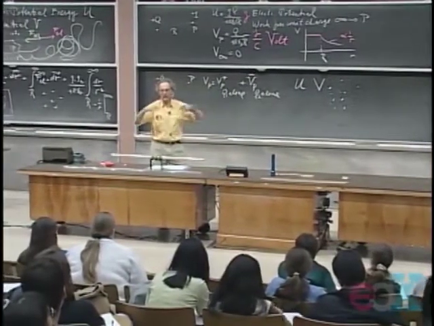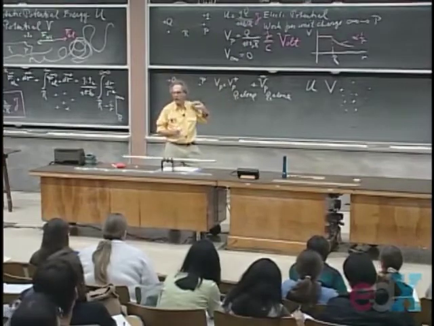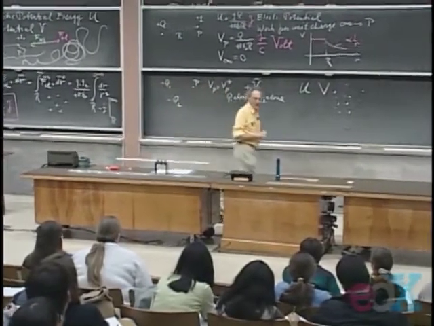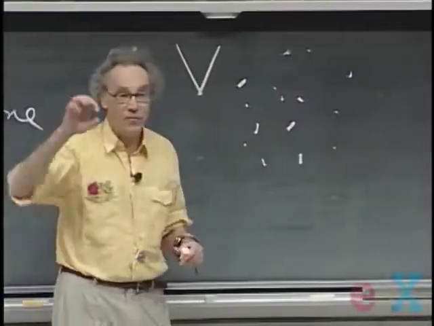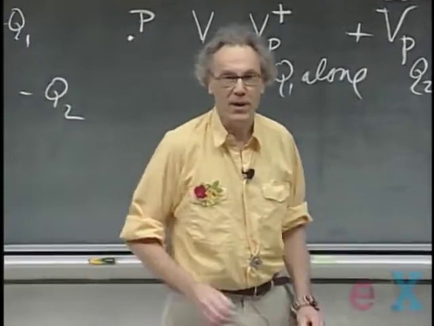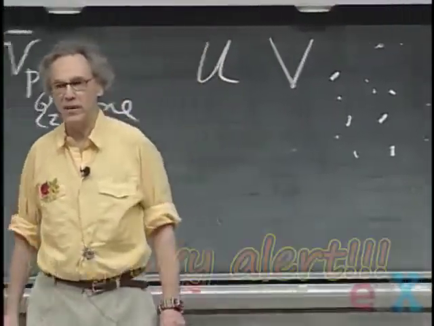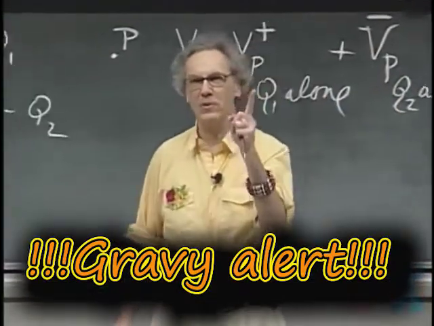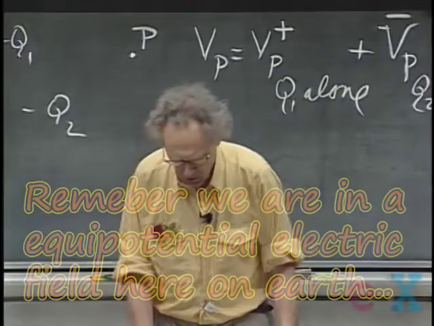It is the work that I have to do to put all these crazy charges exactly where they are. But the electric potential is different here, from there to there, to there. If you're very close to a plus charge, you can be sure that the potential is positive. If you're very close to a negative charge, you can be sure that the potential is negative. But U has only one number. It's only one value. They're both scalars. Don't confuse one with the other.